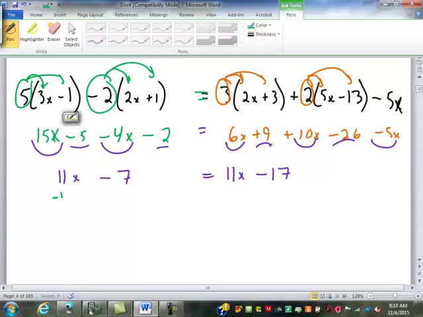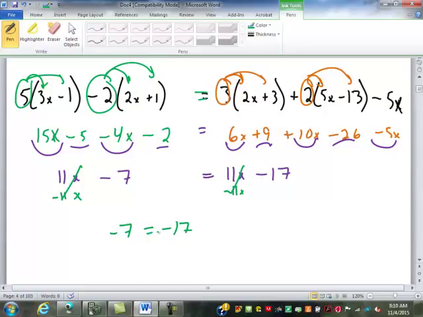Get rid of 11x, right? So negative 7 equals negative 17. Is that true? No, our variable's gone, right? Variable disappeared. So there's only 2 possibilities. The one possibility is that no matter what x is, this is going to be true.